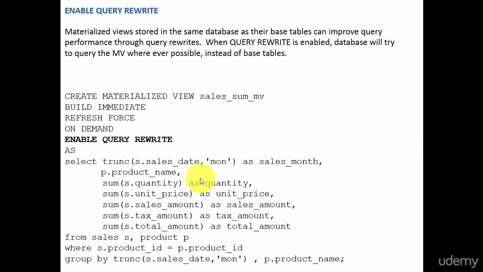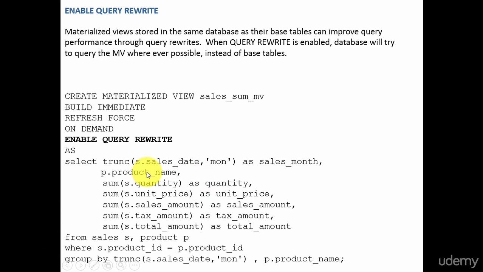Thus, it will improve the performance, right? Instead of accessing those 1 million rows and creating the summary for you, that summary is already present in your materialized view, so it's better to go to the materialized view and fetch the data. That's a cool feature, right? Yes. This feature saves a lot of time for the SQL statement to return the result.